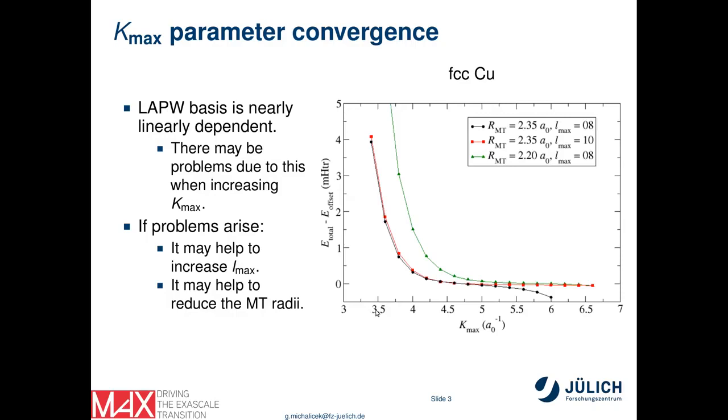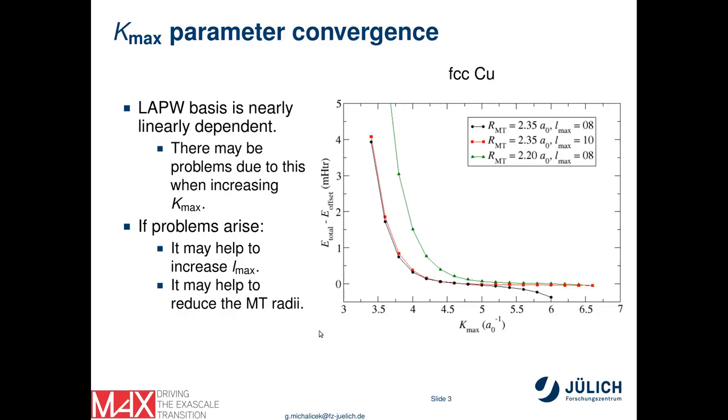But with the default values, this is the black curve, we see this behavior here. At some point we change the curvature of this curve, and we go down to lower and lower energies. And of course this is not what we want.